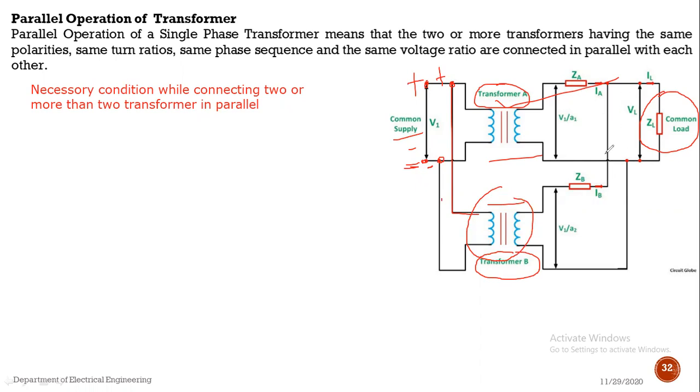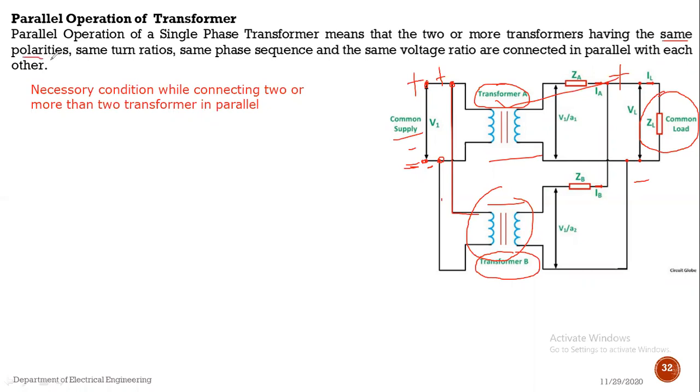Similarly, the secondary winding polarity also, the load is connected to positive and negative. So the transformers which are operating in parallel are connected in same polarity. त्याची जी polarity पाहिजे ती same पाहिजे.